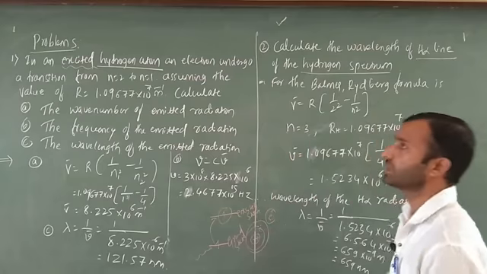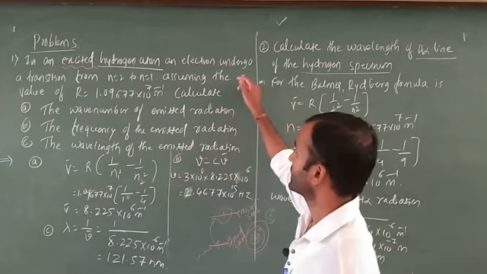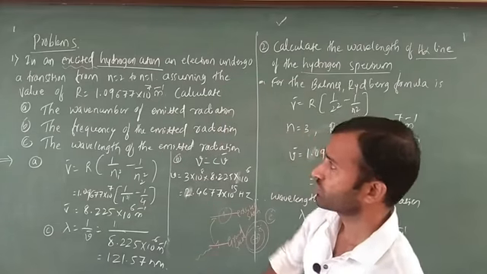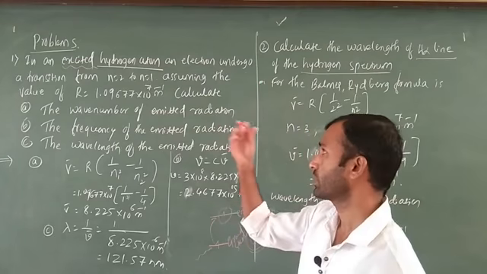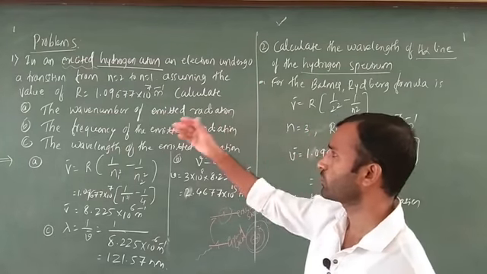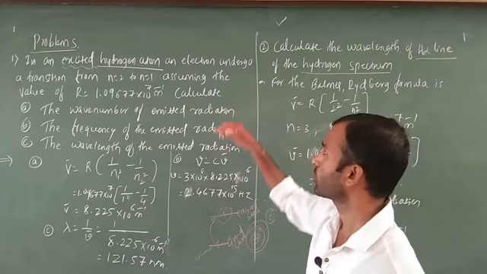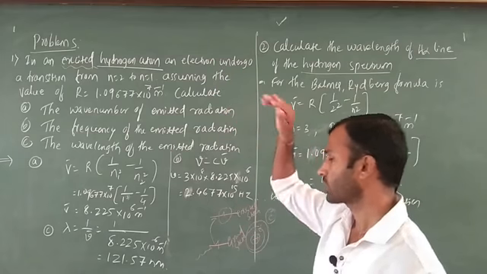Is it clear? In this case, in an excited hydrogen atom, an electron undergoes transition from n equal to 2 to n equal to 1. Okay, that is important. This is n equal to 1, this is n equal to 2. If the excited state is already there, the excited state is always unstable; the electron is not stable in the excited state, and from higher energy it can come down. They are asking the electron undergoes transition from n equal to 2 to n equal to 1.